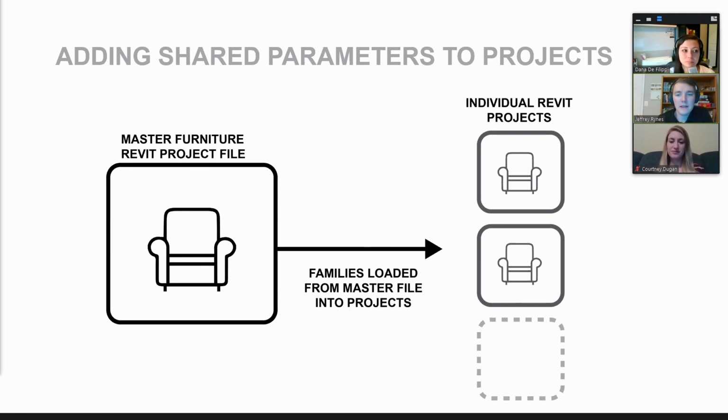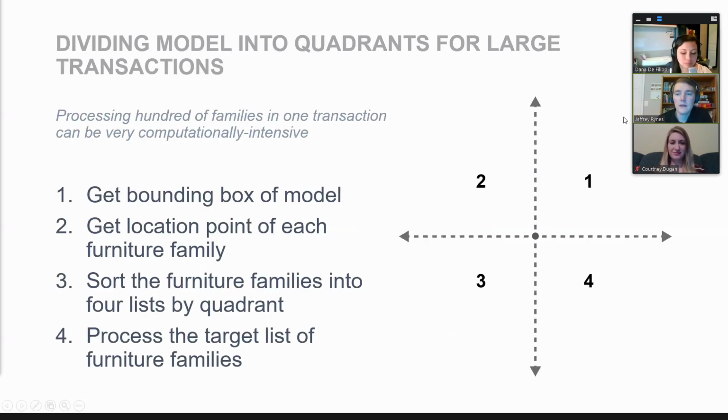So this diagram here just explains that point Courtney was talking about, how the furniture families traveled between the models, and that's how those parameters traveled with them. And on this point, we had this parameter set up for each furniture family. So we had sort of an empty bucket where we could put those room names and room numbers.